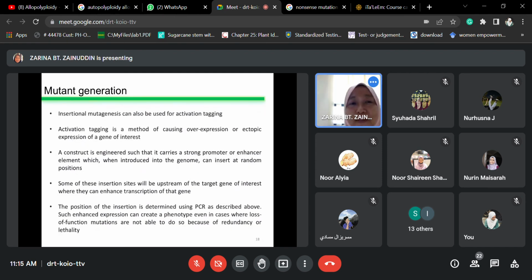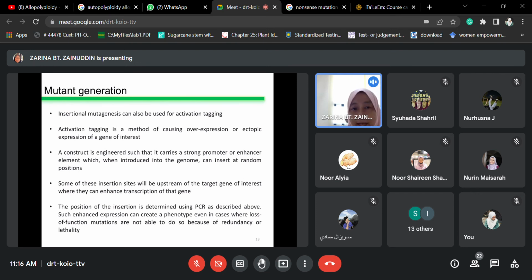Alright. Okay. And then insertional mutagenesis can also be used for activation tagging. Later we will show, as the name says, tagging, tag. Okay, the process of activation tagging is where you cause overexpression or ectopic expression of a gene of interest.